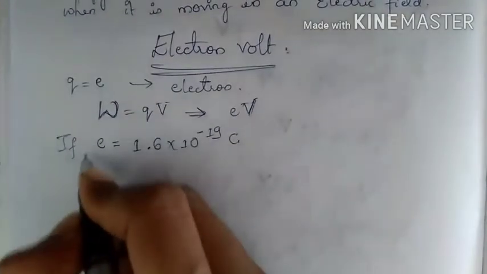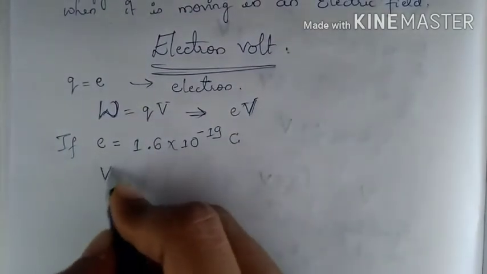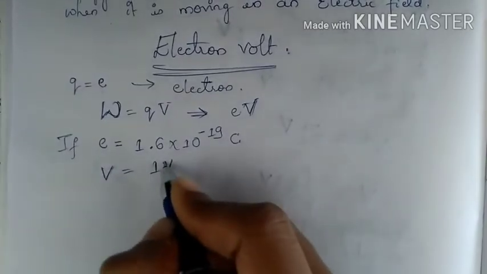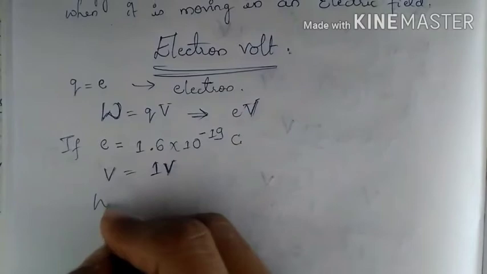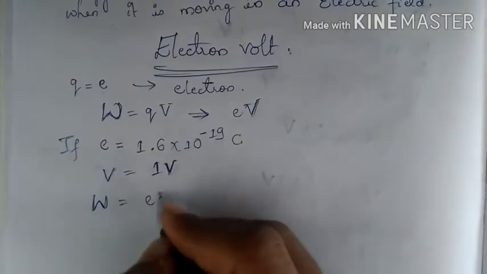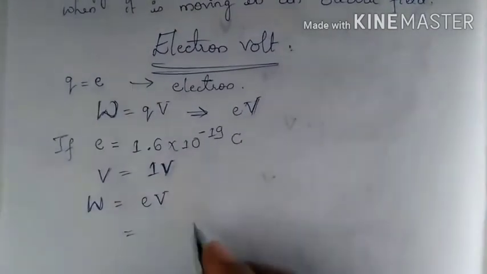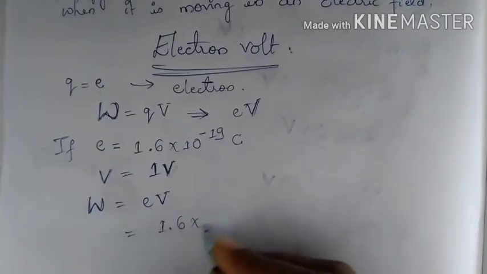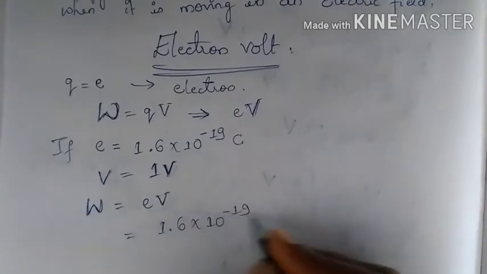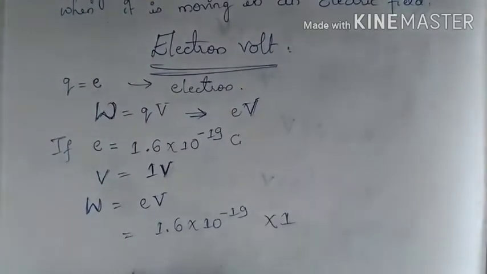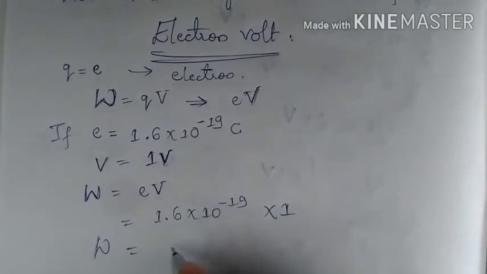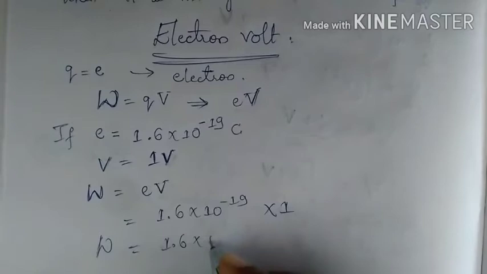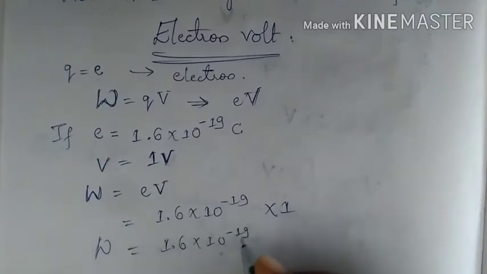If this is e and you write V as 1 volt, then W will be what? W is equal to eV. Let us multiply 1.6 into 10 power minus 19 into 1. That gives W is equal to 1.6 into 10 power minus 19.